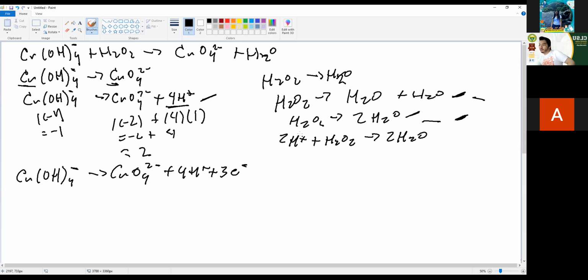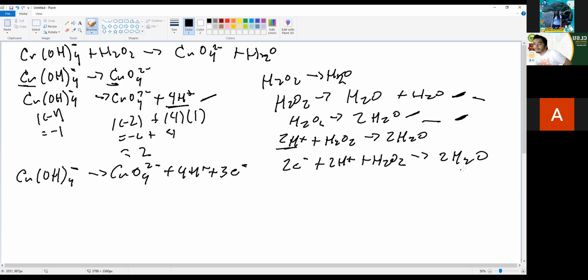Dito 2, positive 2. So ngayon, since dito tayo nagdagdag ng hydrogen, dito rin tayo magdagdag ng electrons. So yung 2, para maging 0, magdadagdag tayo ng 2 electrons. So 2 electrons plus 2H plus H2O2 will yield 2 water. So negative 2 plus 2 is 0. 0 dito. So balance yung charges. Elements, 4 yung hydrogen, 4 yung hydrogen, 2 yung oxygen, 2 yung oxygen.